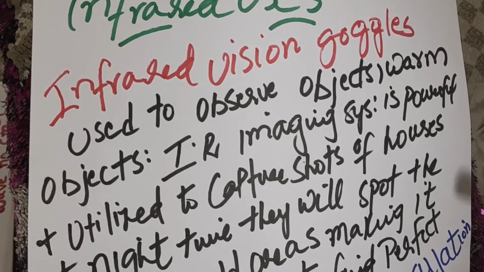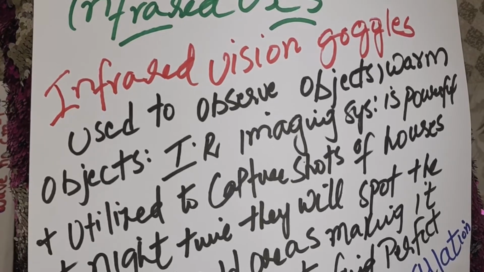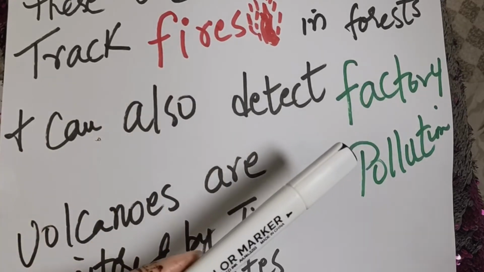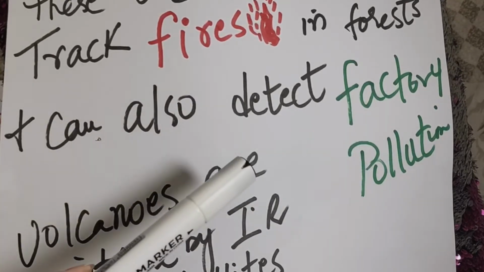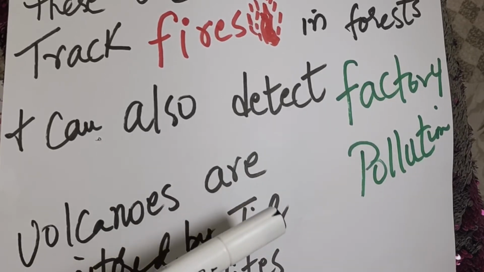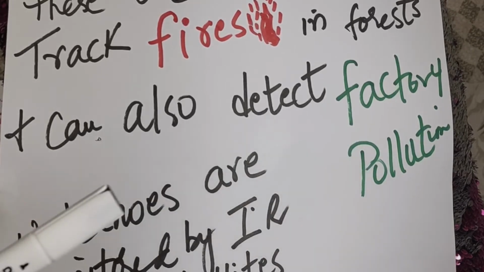This is one of the ways they can insulate their houses using this awesome technique. These are also used to track fires in forests and can also detect factory pollution, because anything producing warmth or heat will be detected.